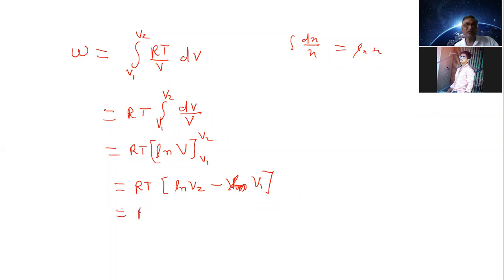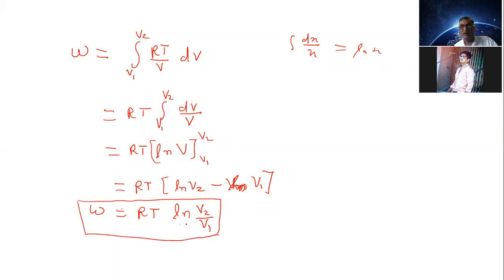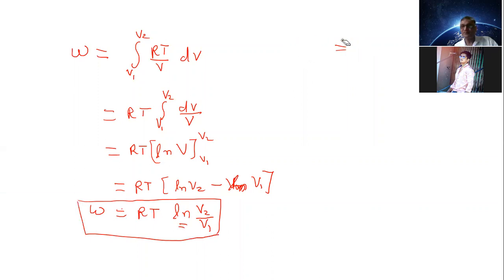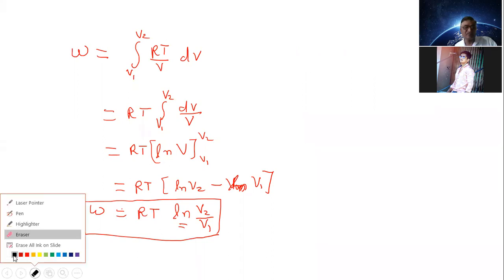That we can write here RT log of V2 upon V1. W is equal to RT log of V2 upon V1. पण हा जो लॉग आपण इथे कन्सिडर केलेला आहे त्याचा बेस किती आहे? त्याचा बेस आहे e. आपण जनरली लॉग हा 10 बेसचा यूज करतो.